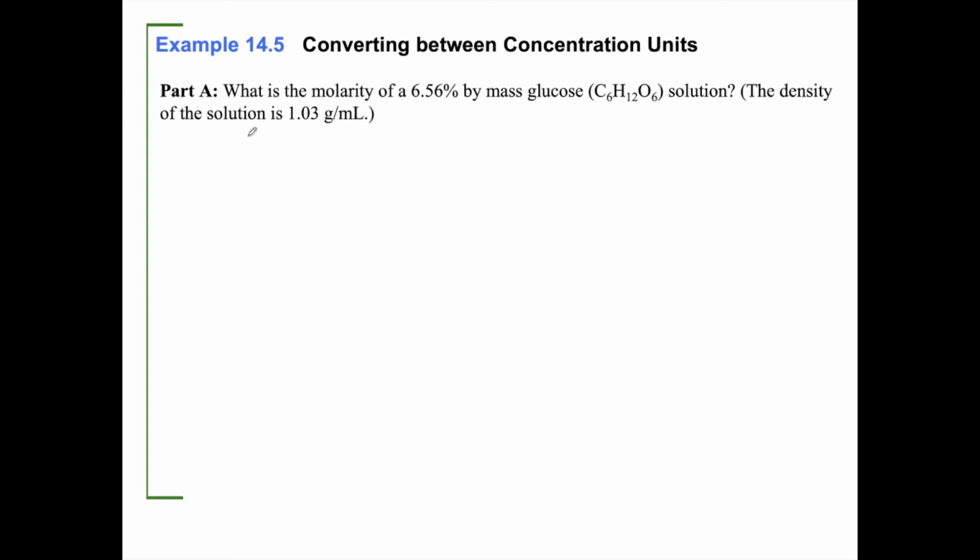All right, so 6.56% by mass glucose means that there's 6.56 grams of glucose in 100 grams of solution. Okay, conversion factor there. And we're being asked to find molarity. So remember, molarity is the moles of solute divided by the liters of solution.